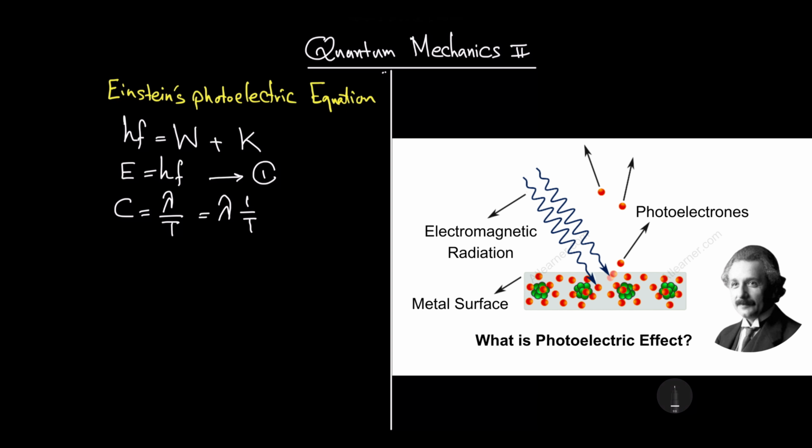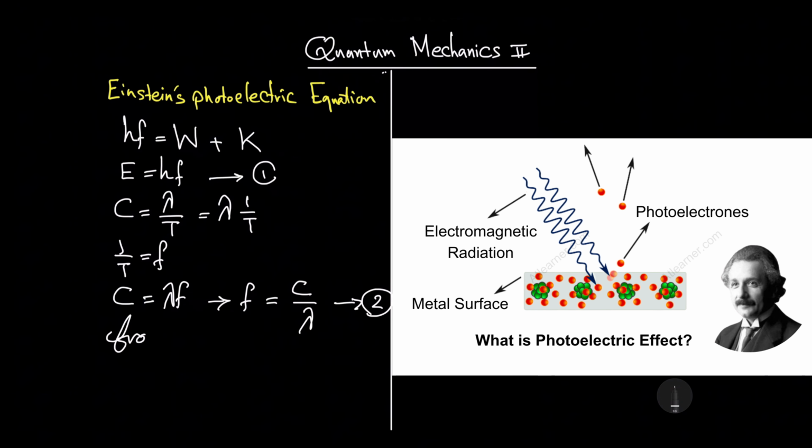And as we know, the reciprocal of the periodic time equals the frequency, so the speed of light equals lambda, the wavelength of the electromagnetic radiation, times the frequency of the electromagnetic radiation. From this equation, we can find the frequency, which equals c, the speed of light, divided by lambda, the wavelength. Let this be number 2.